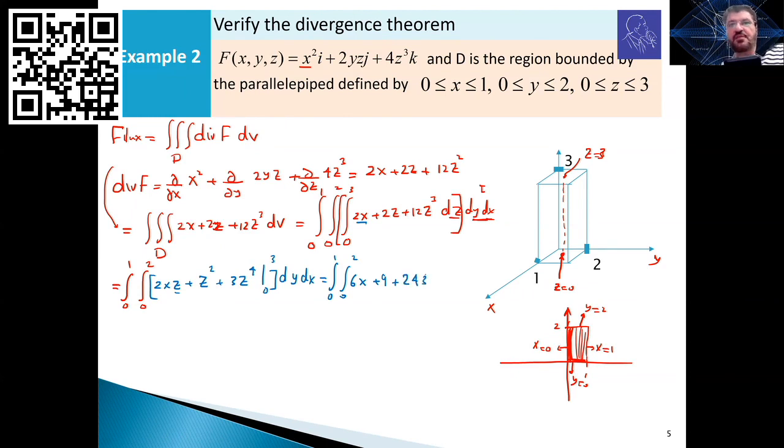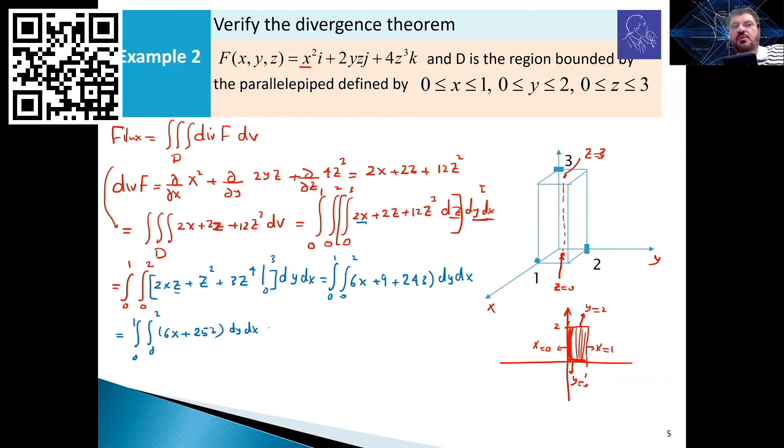Okay, and then we close. Of course, minus the 0, there is nothing. Then we say dy dx, and this is equal to the double integration 0 to 1, 0 to 2 of 6x plus this one plus 9 is 252. All of this, now we say dy dx.